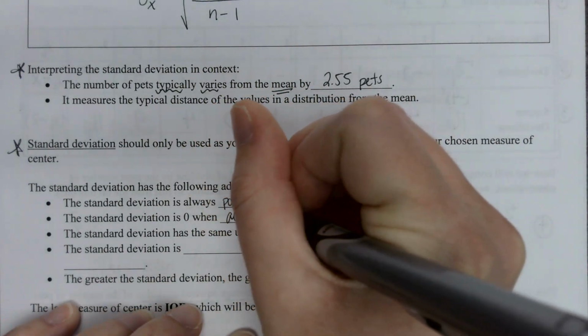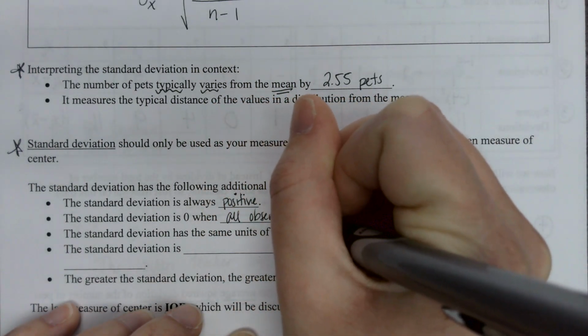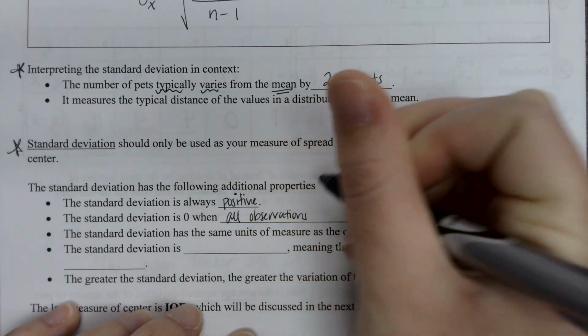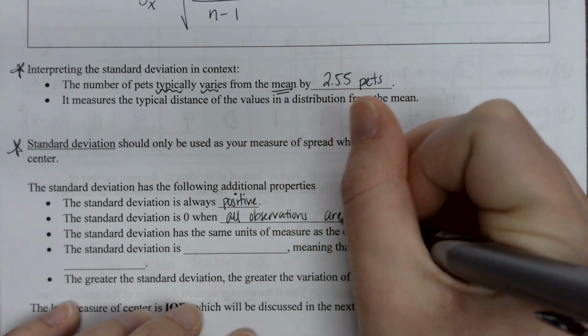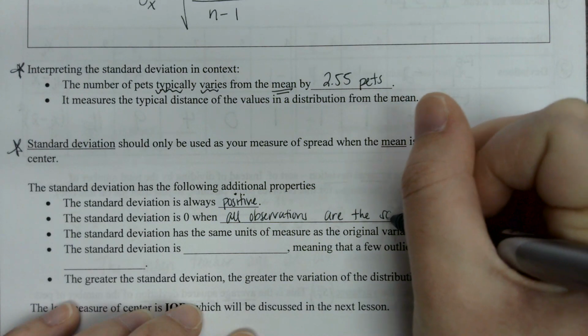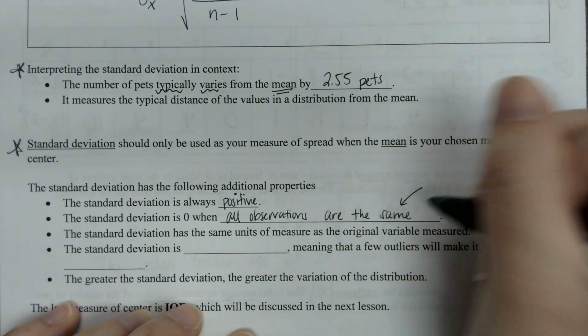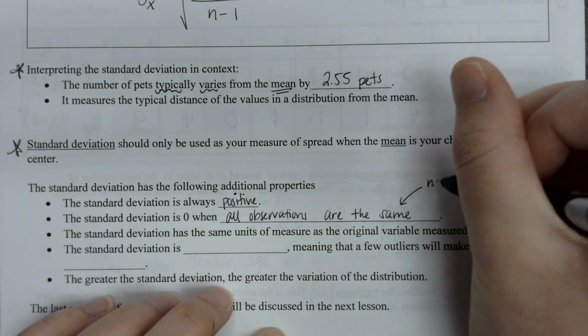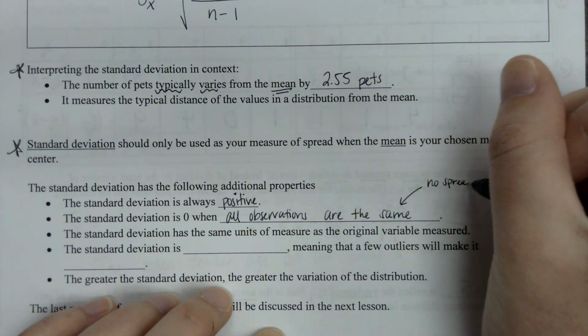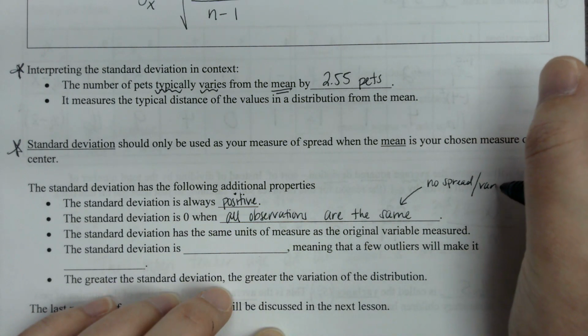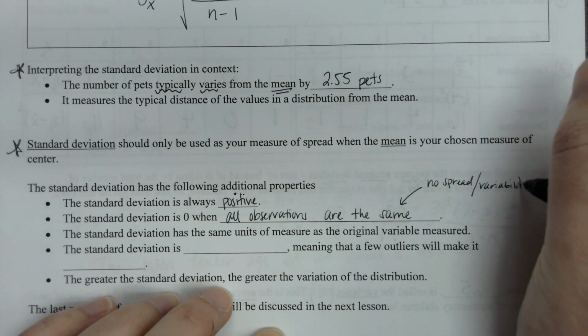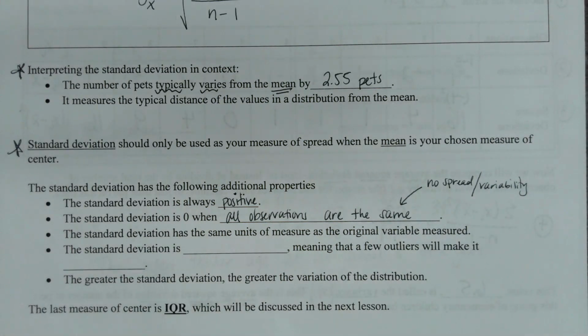So all observations are the same. Or we could say that there's no spread or variability within our data.